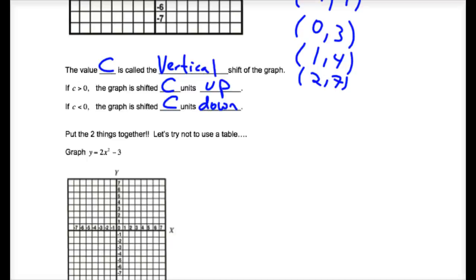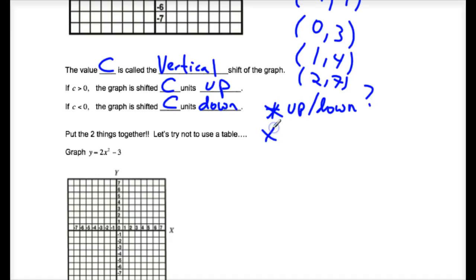So, let's try to put all this stuff together. We're not going to use a table. Do not graph your parabolas using the table. You're going to use your up or down. Can you all answer that by looking at a quadratic? Yes or no? Yeah.